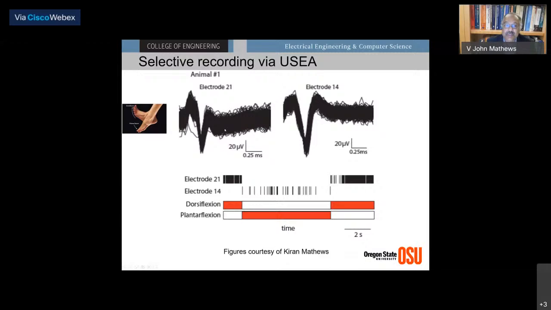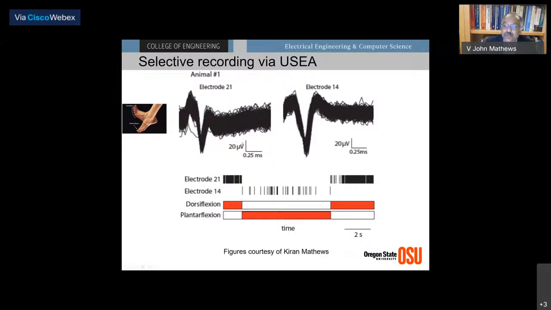This was an experiment on a rat, and she had implanted an electrode array into, I believe, the sciatic nerve in the rat, okay, and was trying to find out what kind of nerve activities were created during specific movements. She tried 2 different movements. One was the plantar flexion when you actually stretch the leg out, and the other was dorsiflexion when you stretch the leg backward. Okay?